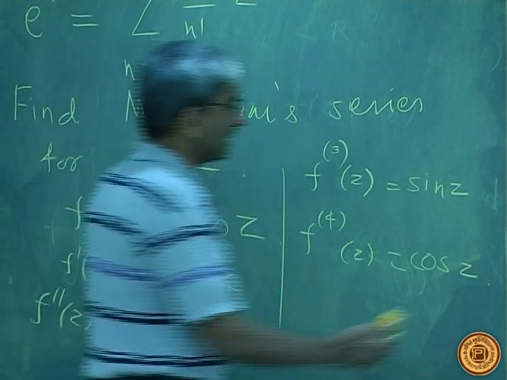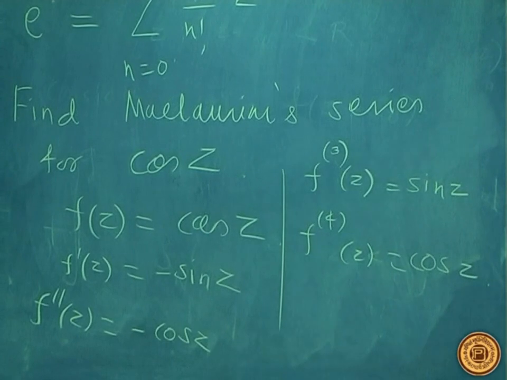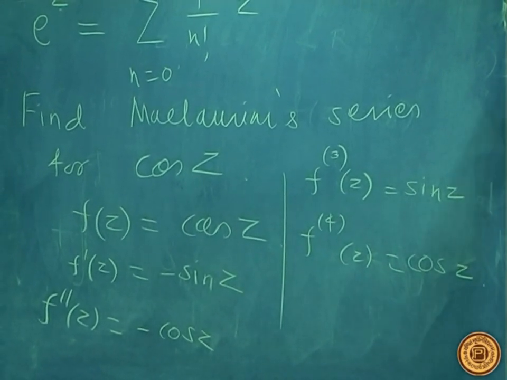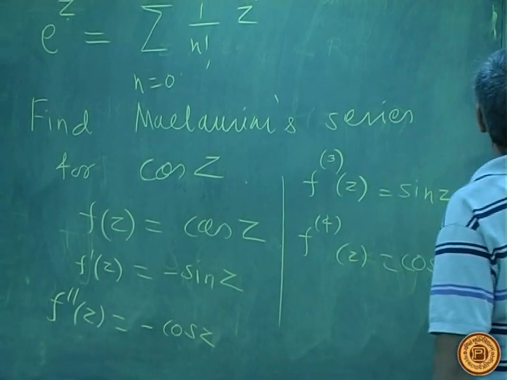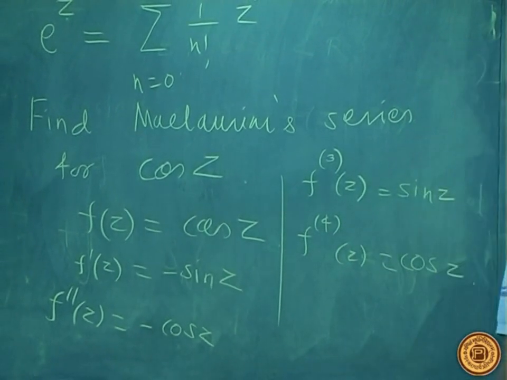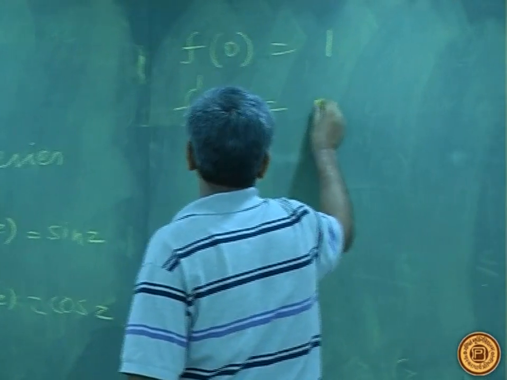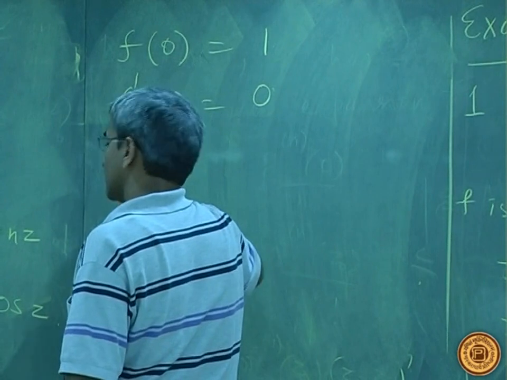So let me write these derivatives here. Of course, f0 is 1 because this is cos. F dash 0 is 0 because that was minus sin.